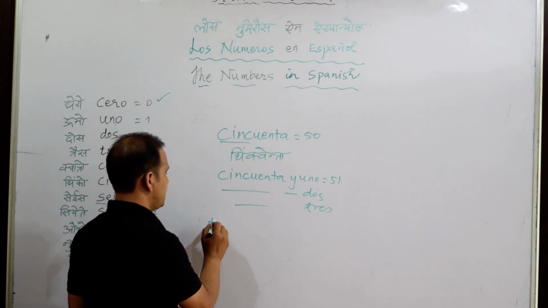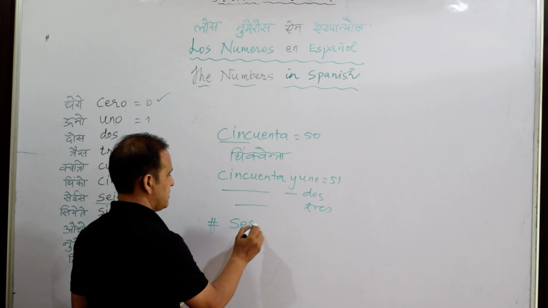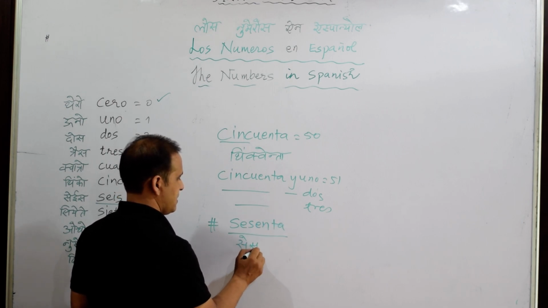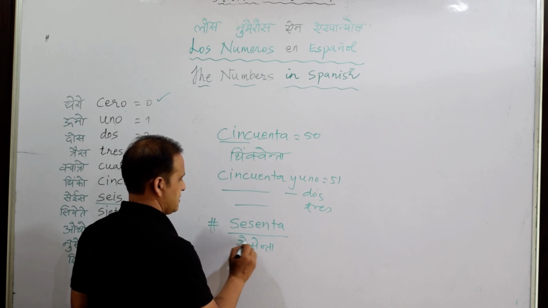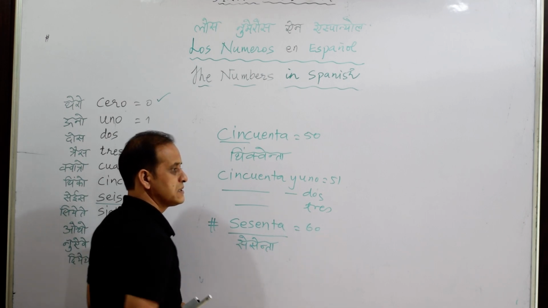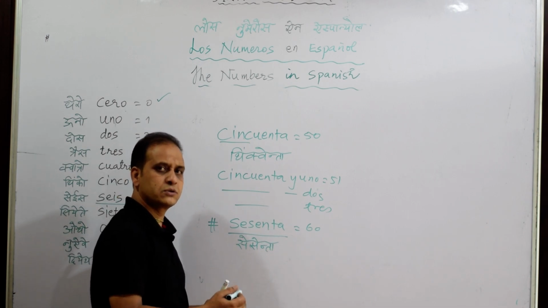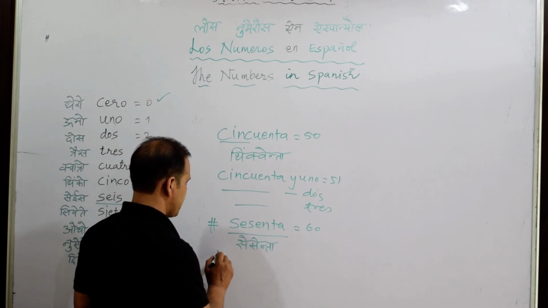How will you say 60? 60. 61, 61, 62, like this. How will you say 70?